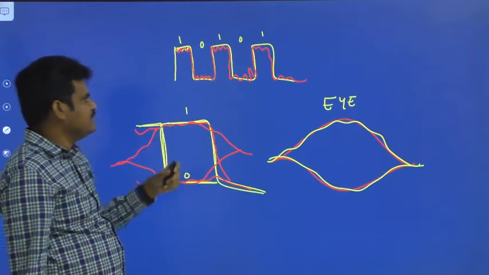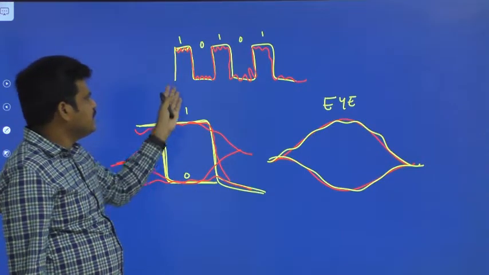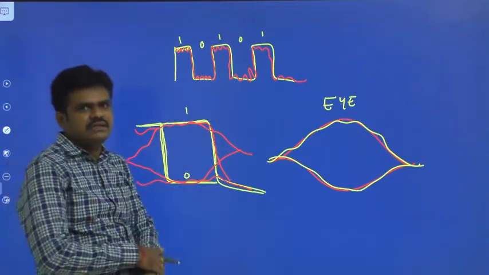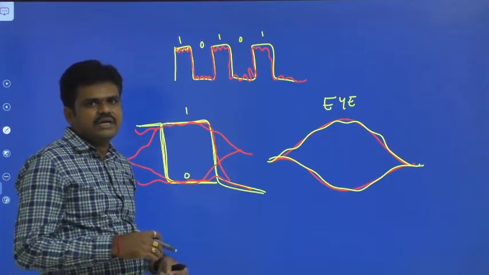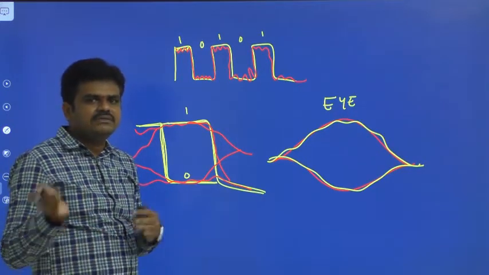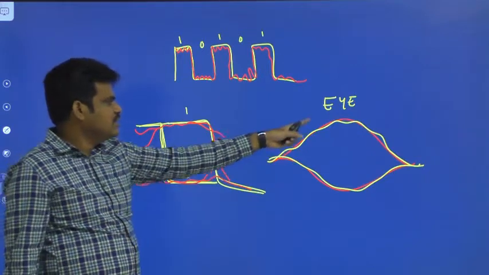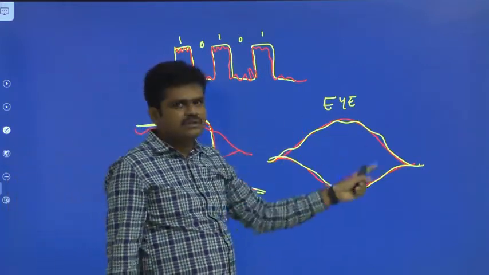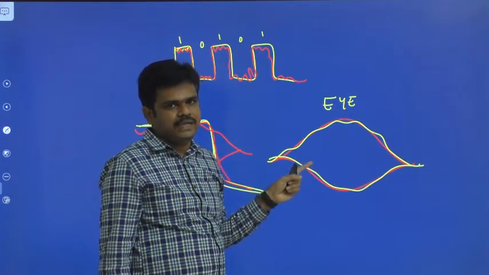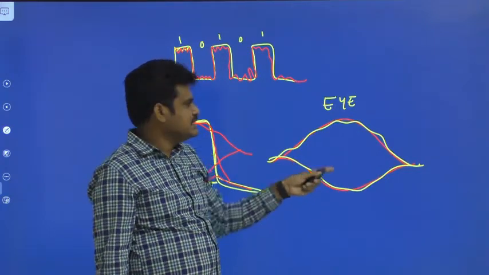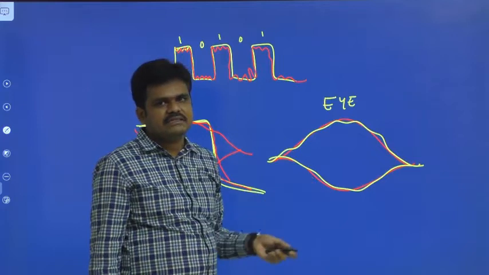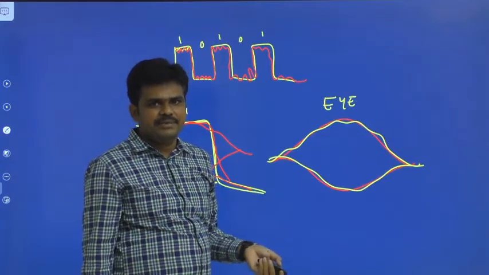For example, in NRZ form, the ones and zeros received at the receiver are made to overlap and observed on the CRO. When observed on the CRO, the shape of the received bits looks like an eye opening. That is why this kind of analysis is called eye pattern or eye diagram measurement.